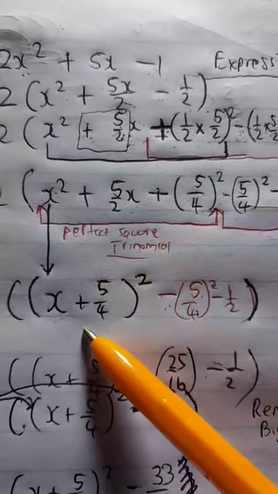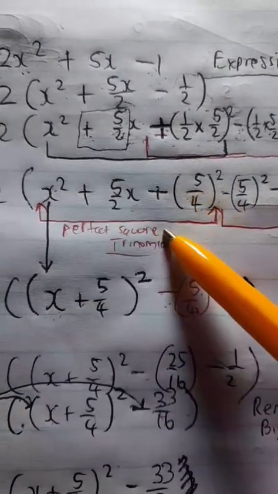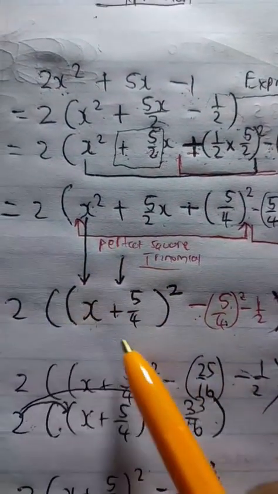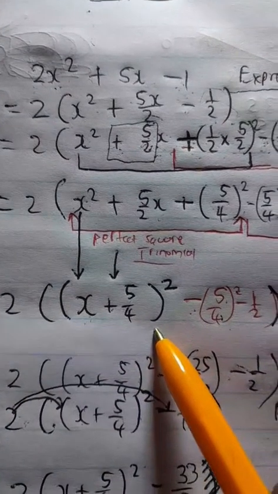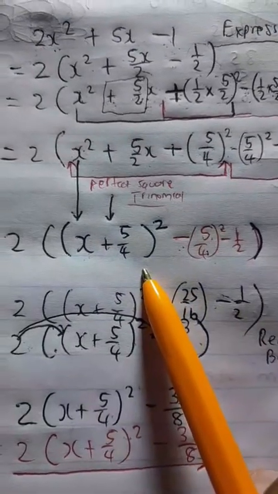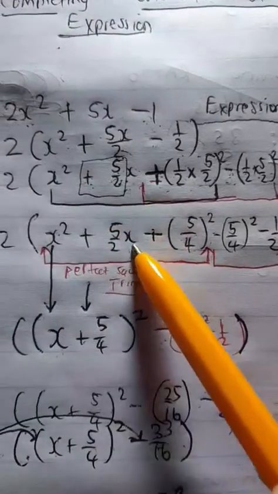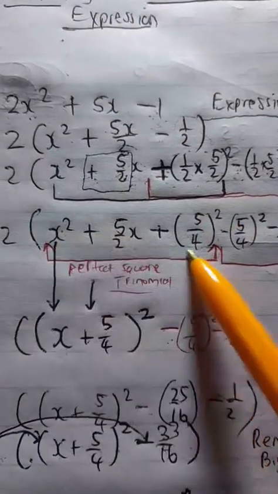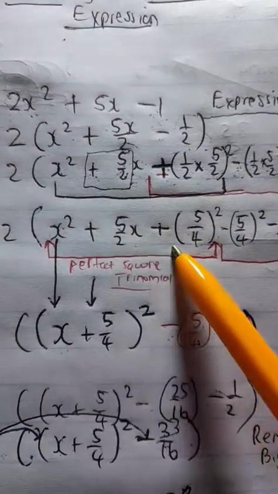We can factorize this perfect square trinomial so that can help us to form our square bracket, which is important for the form that we need to get this quadratic expression into. All right. So x squared plus 5 over 2x plus 5 over 4 to the power 2. This is a perfect square trinomial. How do we factorize it?